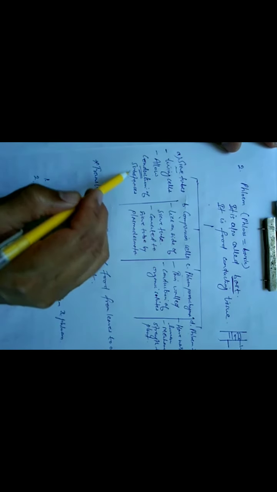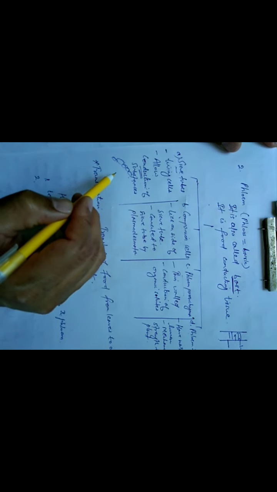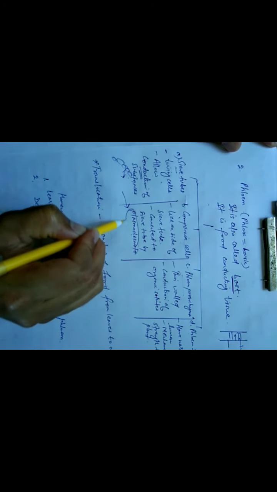Companion cells lie on the side of sieve tubes. Sieve tubes are arranged in a chain-like order, and next to them lie companion cells, and these companion cells are connected to the sieve tubes by structures known as plasmodesmata.